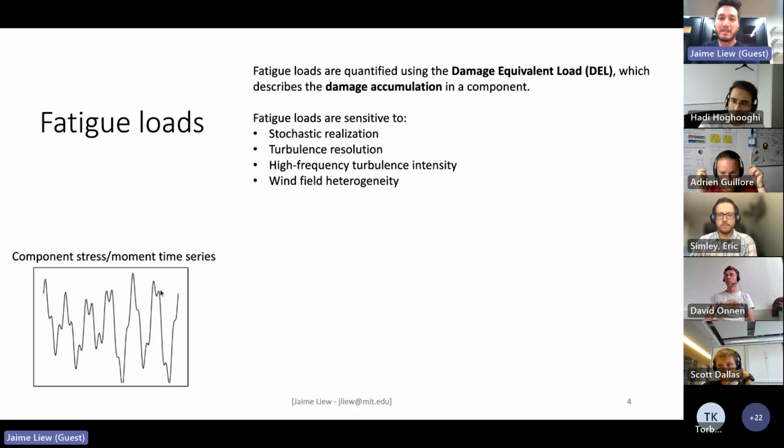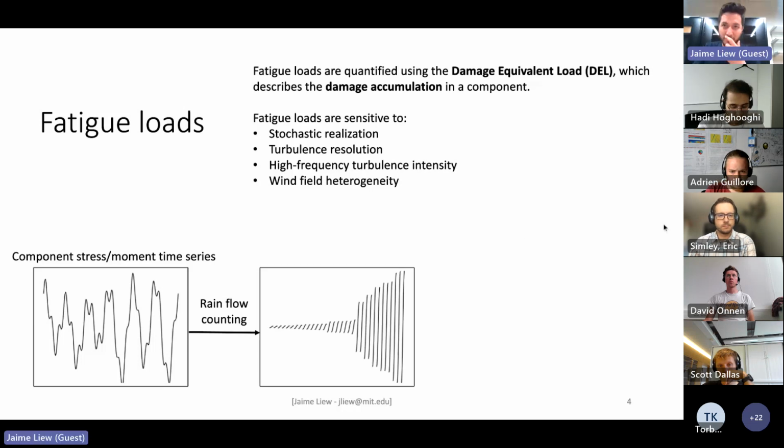How this works is you get your time series of your stress from your aeroelastic simulation. This could be a blade root or the tower or the generator shaft or something like that. And you have some complicated stress time series. The idea is that we want to find a way to sum this up into a single number to say how much damage is being caused.